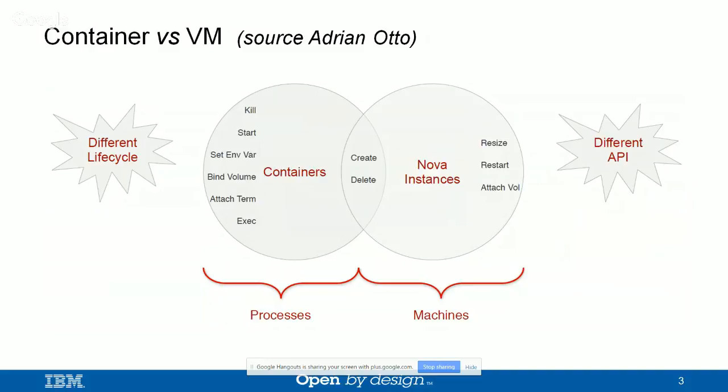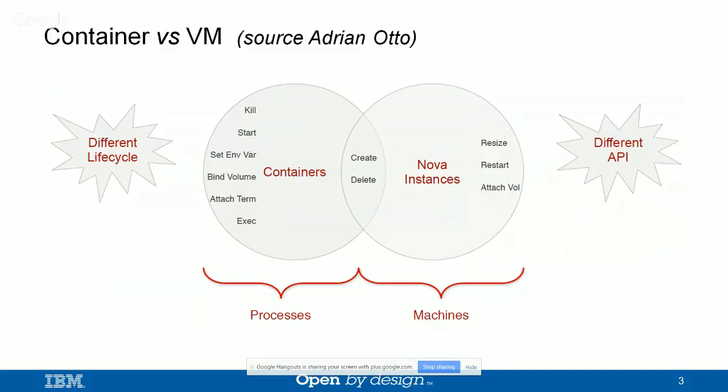It used the abstraction of a VM to let you create containers. But after we used that for a while, we realized that it's not quite the same. A container is not the same as a VM. If you step back, a VM is an abstraction for a physical server, whereas a container is an abstraction for a process. So they work differently and behave differently.